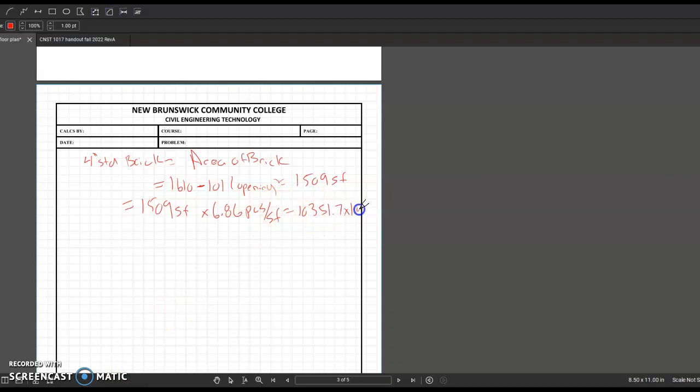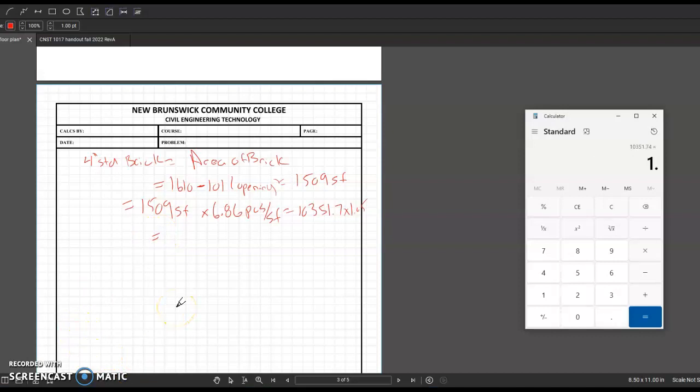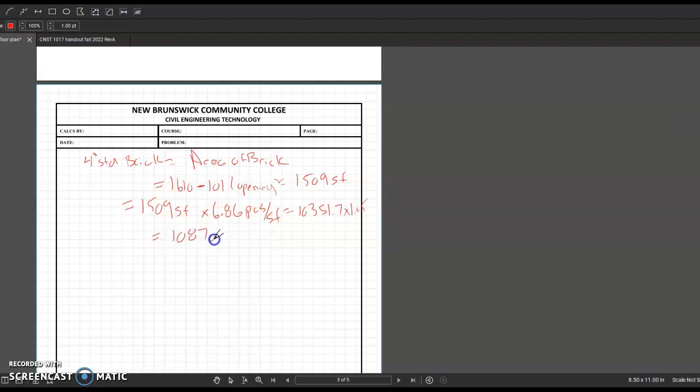Times 1509 gives 10,351.7. We have a 5% waste factor, so we'll add that 5% to it here, 10,870. We always round up to the next full piece. 10,870 pieces.